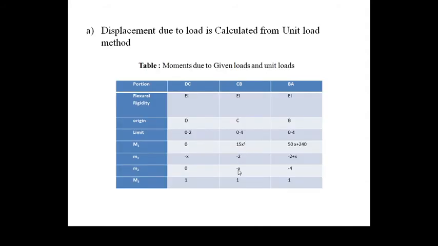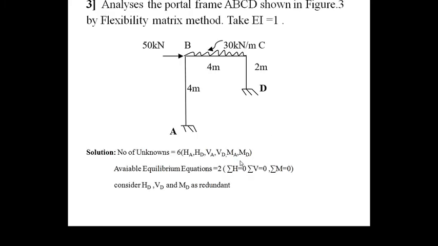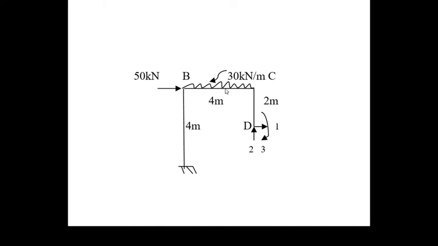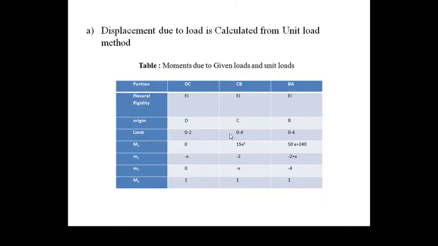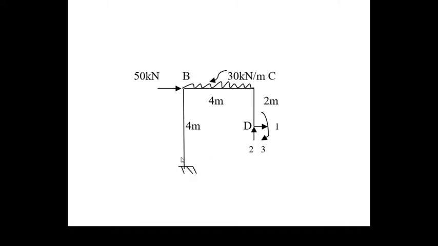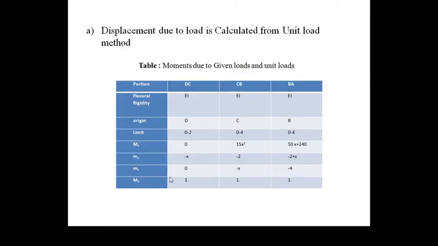Then for CB the x value will be minus in that direction, then minus 4 for this AB span, from this to this minus 4. Similarly, calculate M3: capital M3 is equal to 1, that is constant for DC, CB and BA.